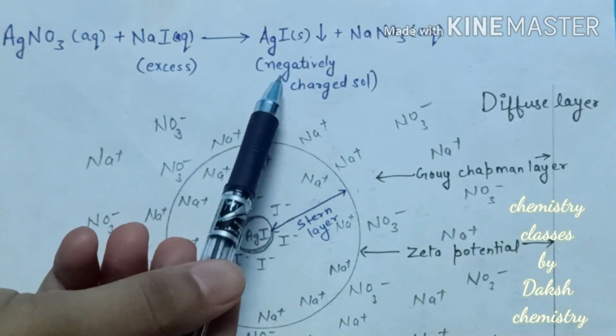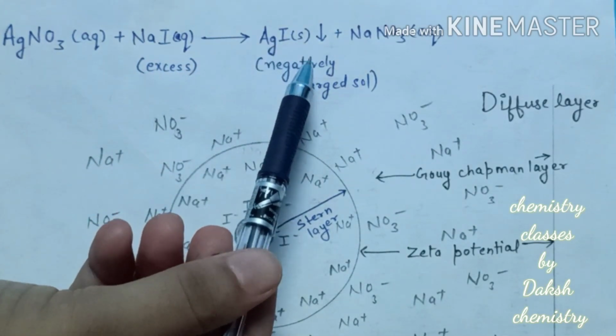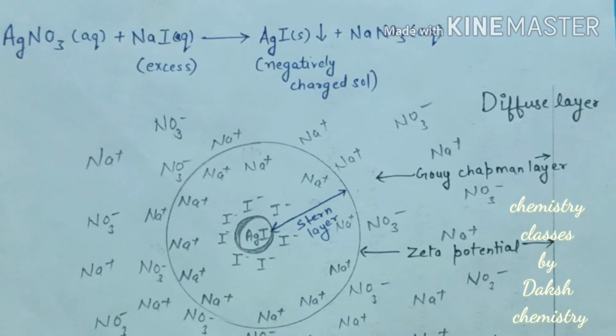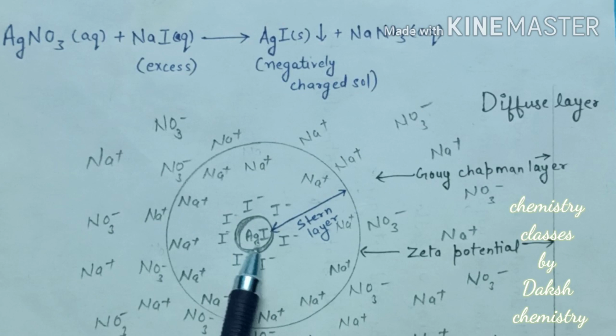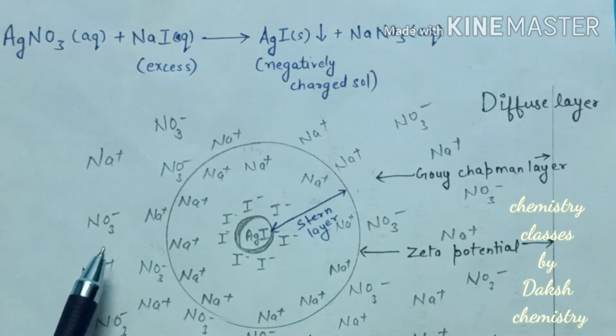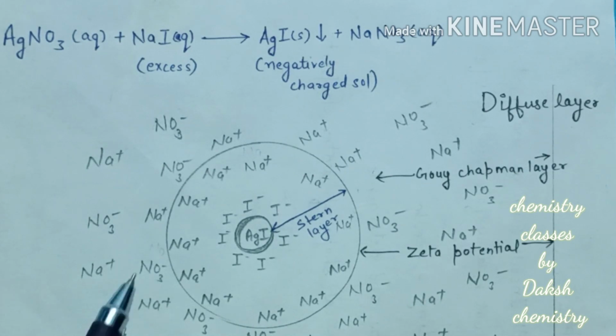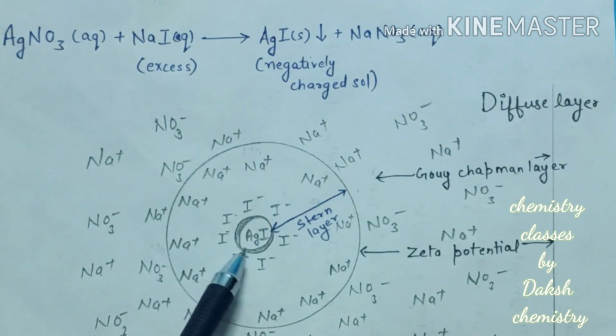We will get a negatively charged silver iodide sol. The negatively charged surface attracts the positive sodium ions and repels the negative ions. As a result, the positive sodium ions tend to form a compact layer.